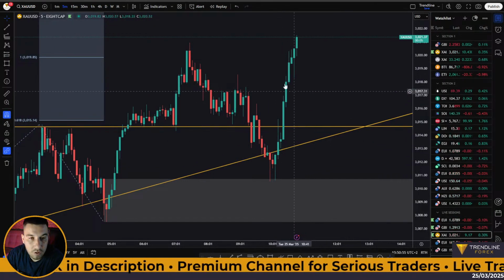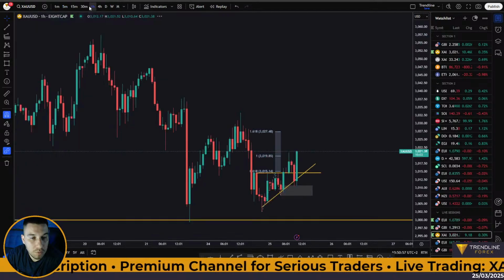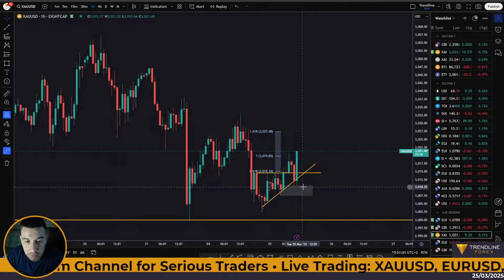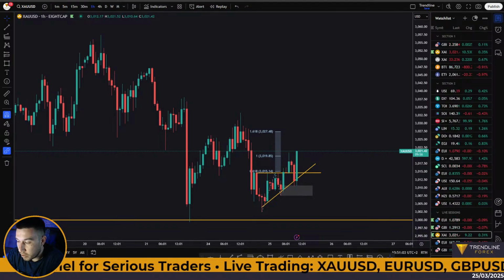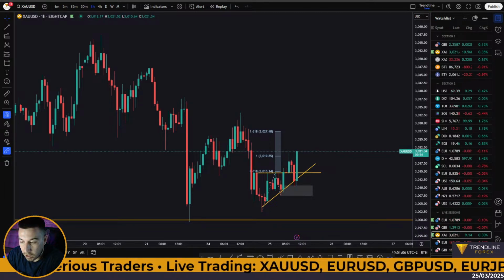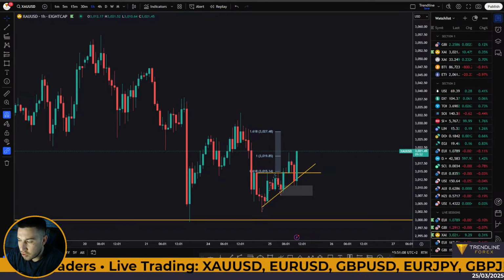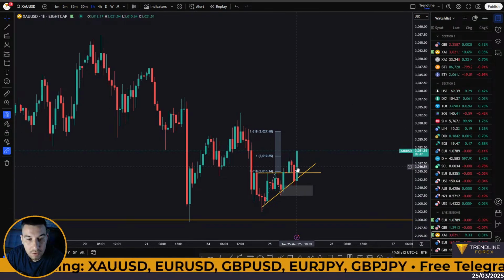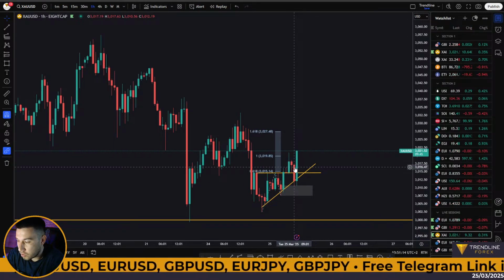I could have gotten the entry a little bit earlier as well, but that is absolutely fine. I'm using very tight stop losses. I've already got half of my trade closed, and I'm break even, currently running about 0.7% on whatever I've got left in this position.